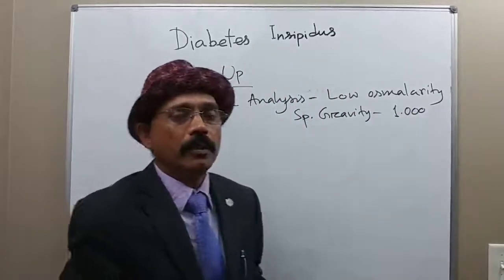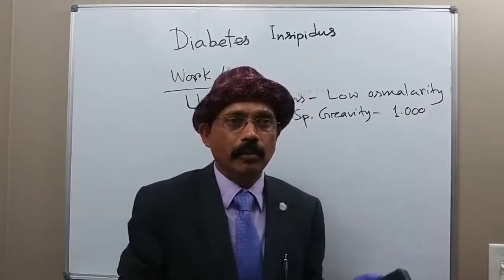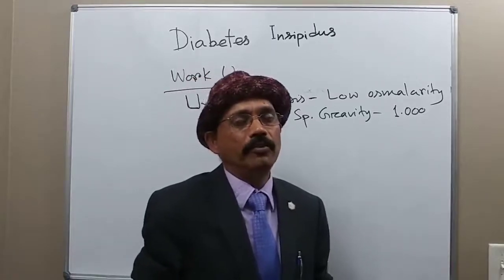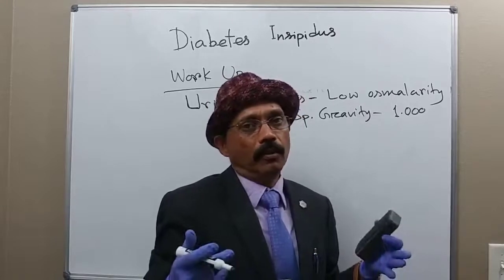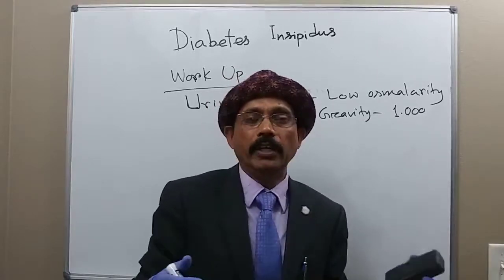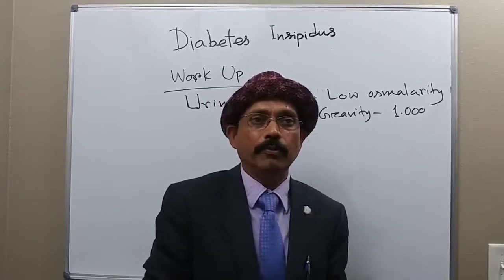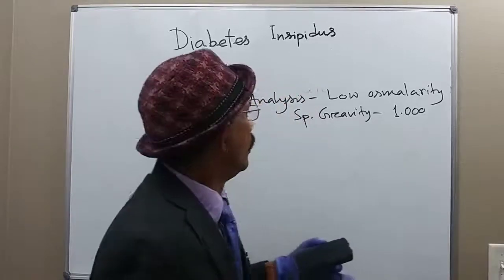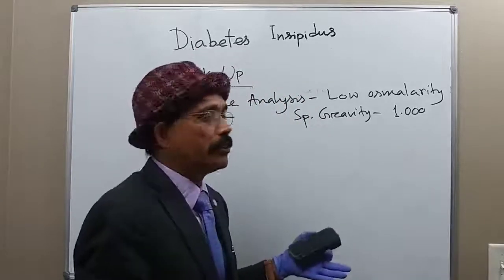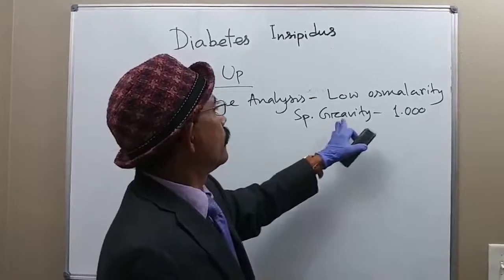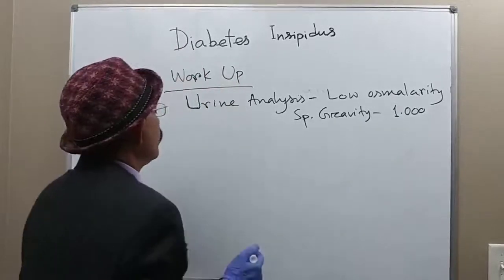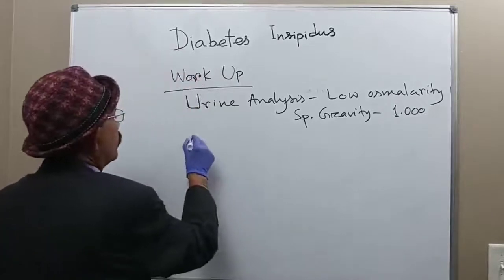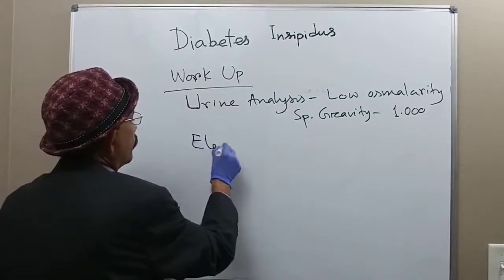Specific gravity. There is no sugar in the urine because it is not due to diabetes mellitus, it is not due to 180 mg% glucose in the blood. We get glucose in a patient of advanced diabetes mellitus because of the renal threshold. So specific gravity, urine analysis, and we'll also look at the electrolyte study.